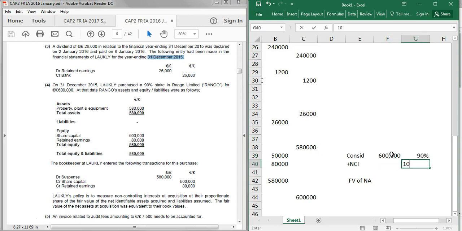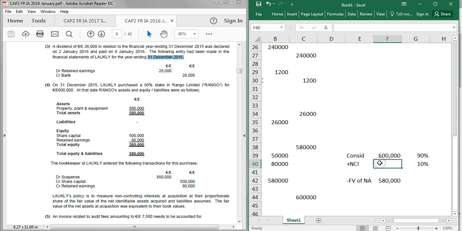The NCI, we don't know how much it's worth, but you're told it's proportionate share of their fair value net assets. So net assets in this case, because the acquisition date was the year end, was 580. So we don't need to concern ourselves about post-acquisition, because it just so happened the acquisition date was the reporting period date, just to make things straightforward.